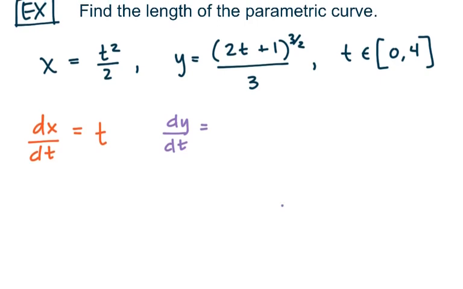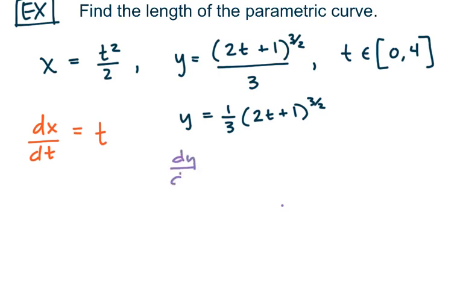So actually, before I do this, I will rewrite that just a little bit and say, well, we've got y equals 1/3 (2t plus 1) to the 3/2. So dy/dt equals the 1/3 stays. We're going to multiply, we've got 3/2 (2t plus 1).